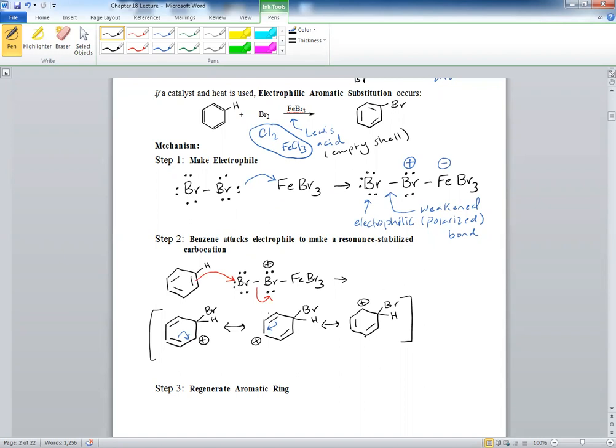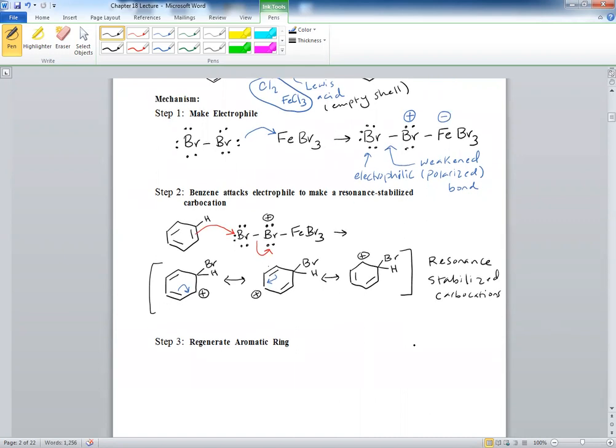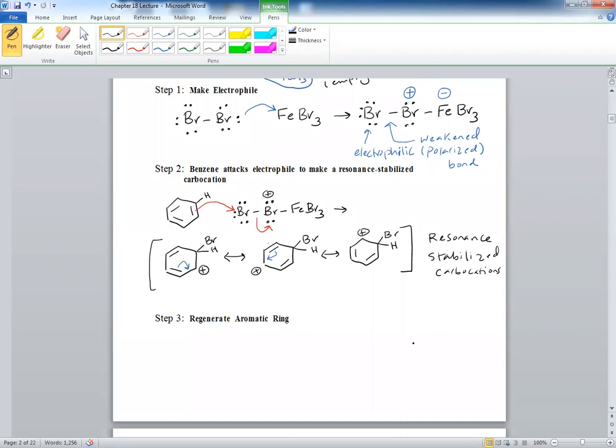So this right here is resonance stabilized. Carbocations love to have resonance because they don't keep the positive in one place. So how would you then regenerate the aromatic ring?